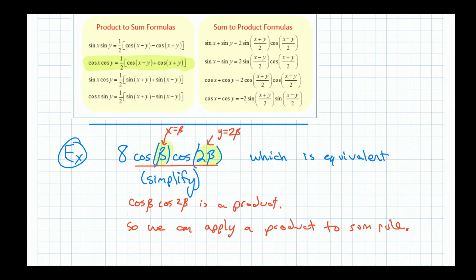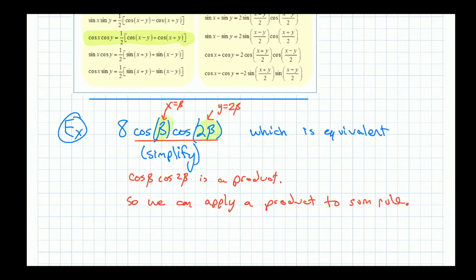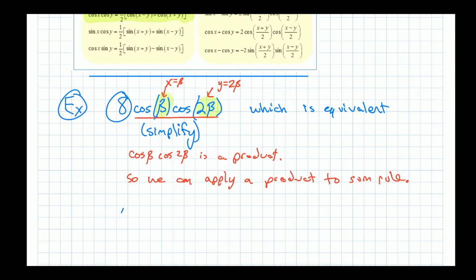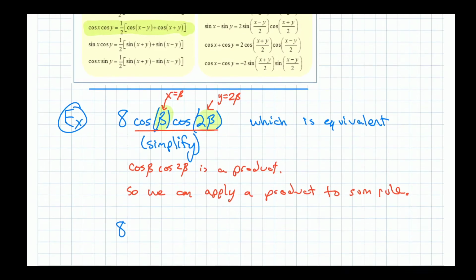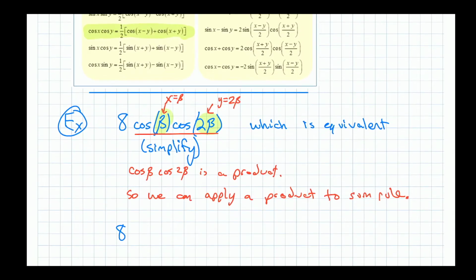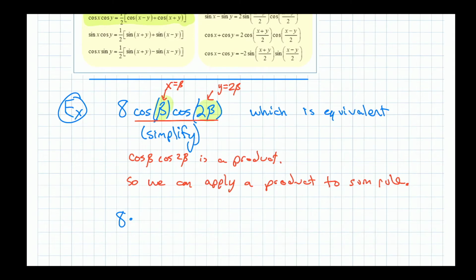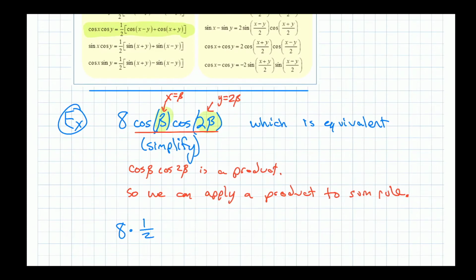So in the highlighted formula, what is this supposed to be equal to? Well, we've got an 8 out front, so this 8 is going to stick around, not going anywhere. Then we get to the cosine part. Looking at the formula, it starts with a 1/2, so we're going to start with a 1/2. Then brackets, and then a cosine, and inside the cosine we've got x minus y.